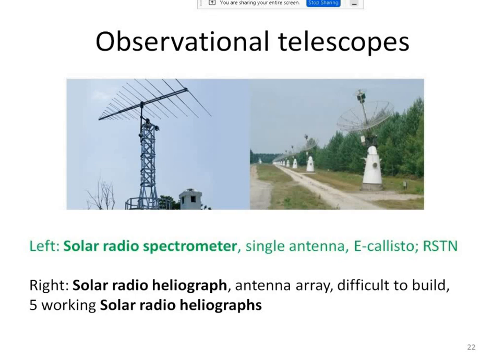There are many such devices in the world to observe the sun. On the right side is a solar radio heliograph, which is an antenna array. You can see there are many antennas forming an array. It usually takes a lot of space and is a little difficult to build. So currently there are only 5 working solar radio heliographs in meter wavelength.